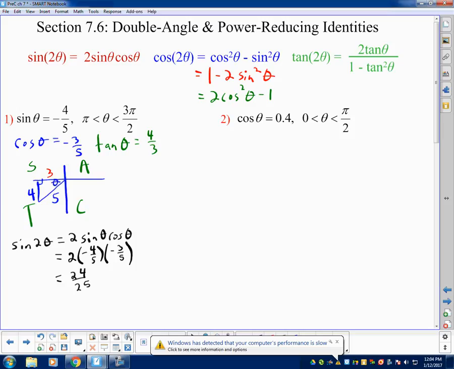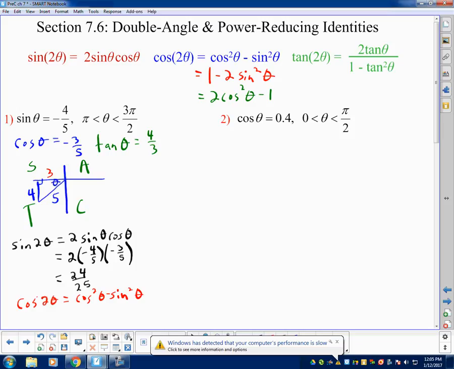All right, let's do cosine of 2 theta, sorry. So cosine of 2 theta, it's your choice. You can use any of these 3. I think I'll just use the top one. So we have cosine squared theta minus sine squared theta.